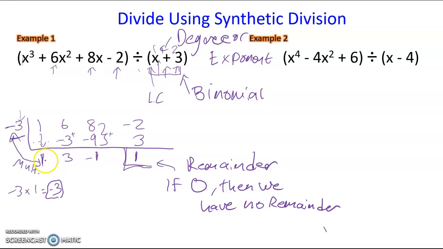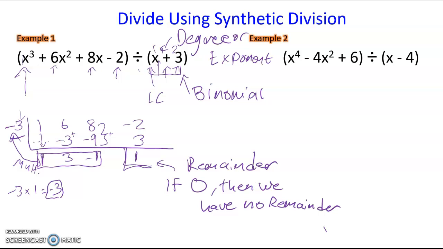All right, now writing out our final answer here. These numbers that we got right here that are below the other numbers, those are the coefficients of a new equation. Now, the degree of that equation, or the exponent of that equation, is 1 less than our original equation.